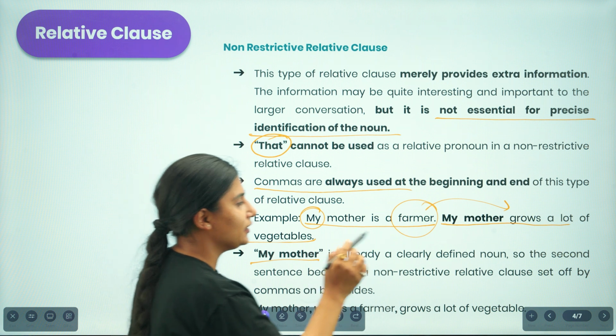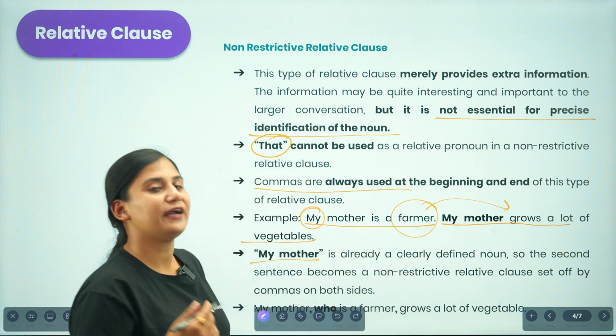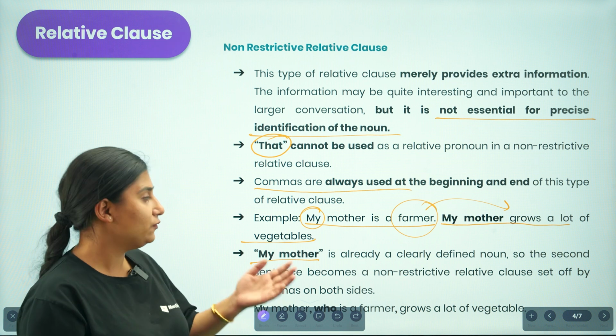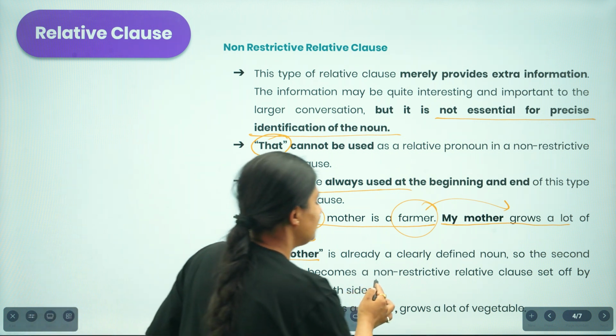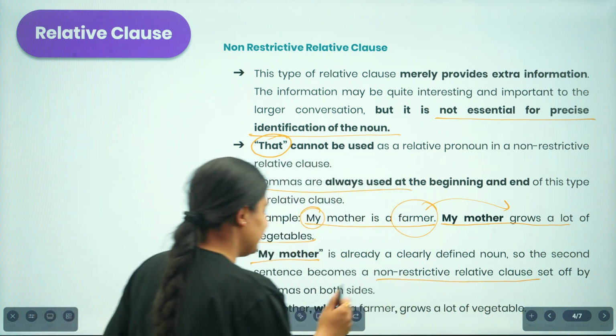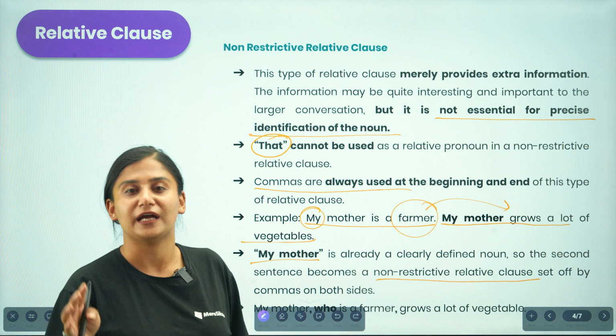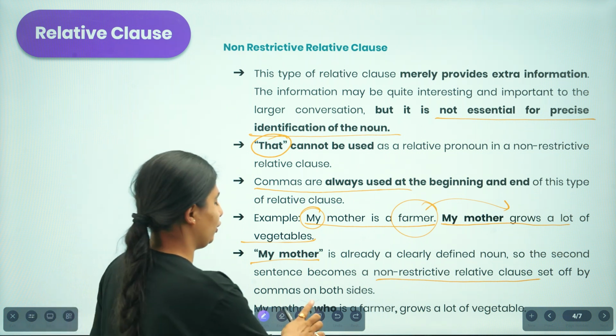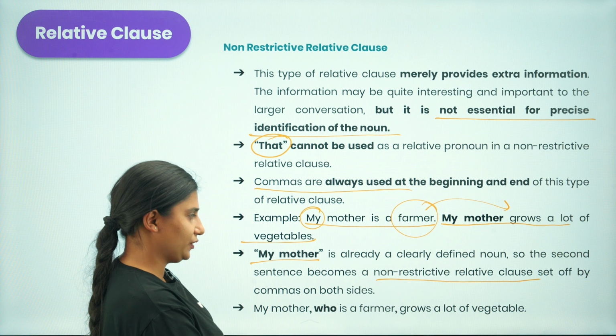Now, as we want to provide much more information, or add information again, we use a non-restrictive relative clause and provide the meaning, and we use commas on both sides of the clause. This is how we write it.